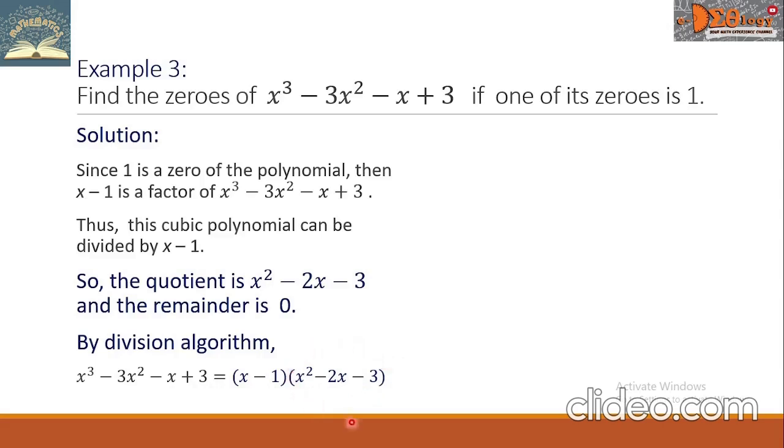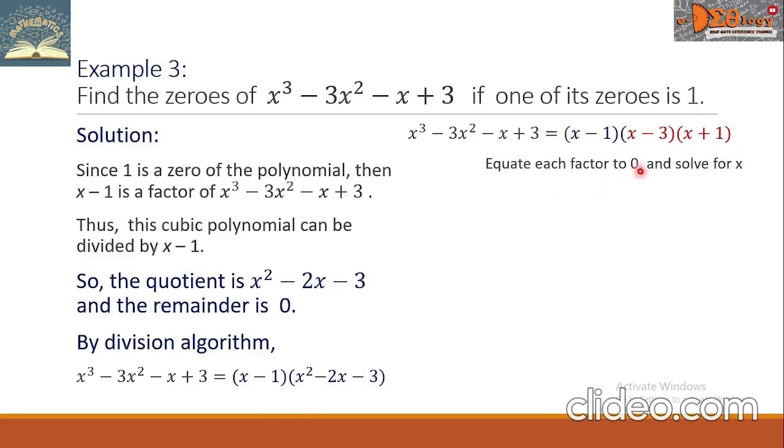Next, let us factorize the trinomial here and write the answer here. So the dividend is equal to x minus 1 times the factors of x squared minus 2x minus 3, which are x minus 3 and x plus 1. We equate each factor to 0 and solve for x.